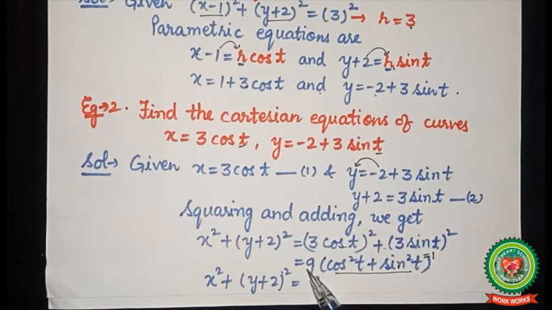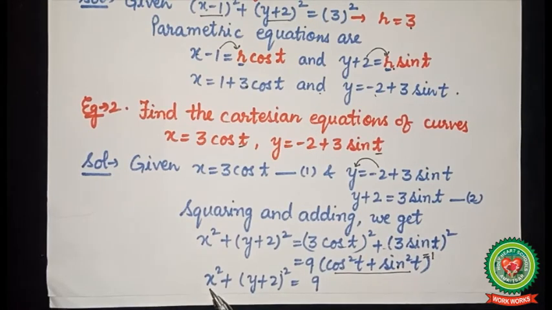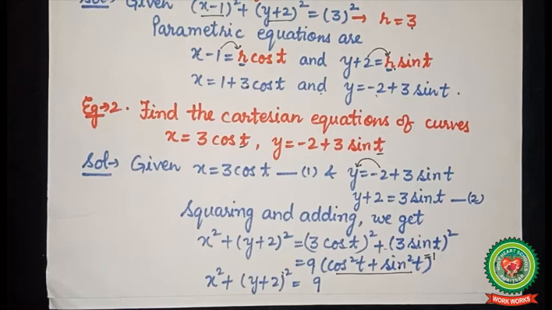On taking 9 as common, we are left with cos square t plus sin square t. Now it is an identity, so its value is equal to 1. So we are left with the equation that is x square plus y plus 2 whole square is equal to 9. In this way, we can convert parametric form into the Cartesian form.